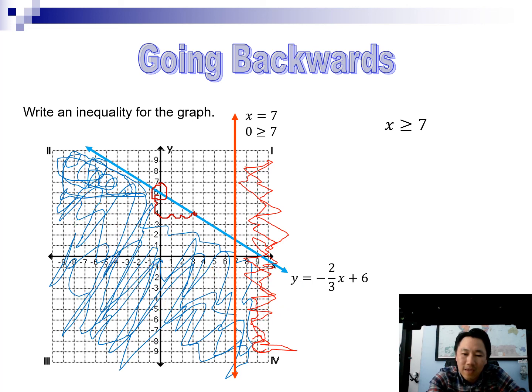So when you plug in 0 here and 0 here, what would make the inequality true? 0 is less than or equal to 6. This will make the 0, 0 true, so the symbol we're going to use is less than or equal to in place of the equal sign.